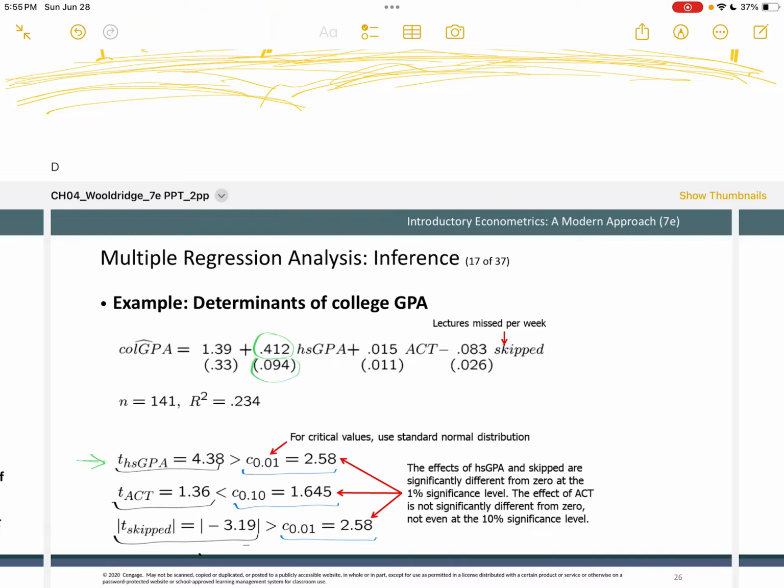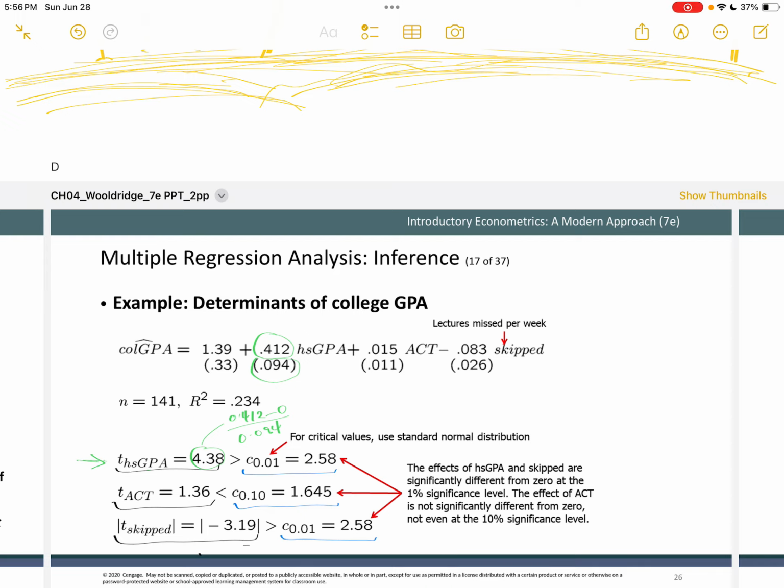And how did we calculate this 4.38? Well, you take the coefficient on high school GPA and you divide by the standard error of high school GPA, right? Quickly put that in your calculator and see if you get 4.38. Now it is 0.412 minus 0 divided by 0.094.